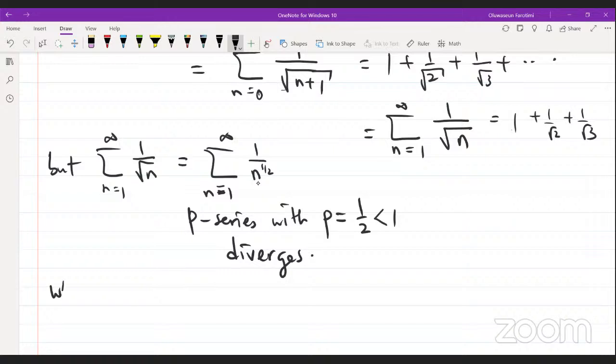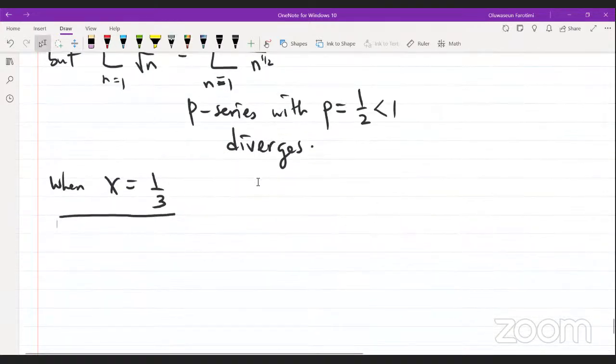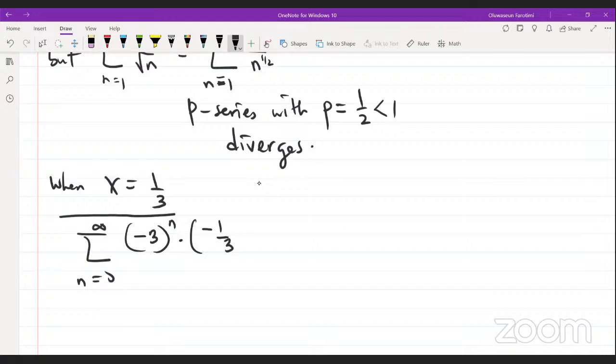What about the right endpoint? When x is 1/3, plug it in. n goes from 0 to infinity, -3 to the power of n times -1/3.